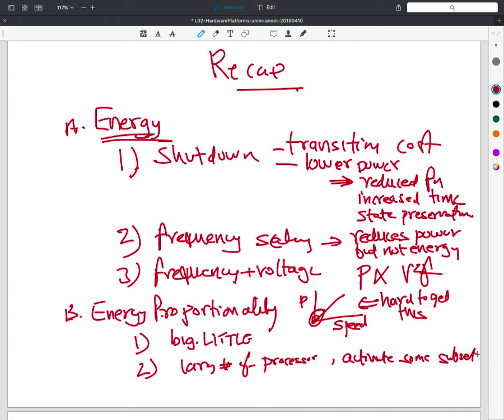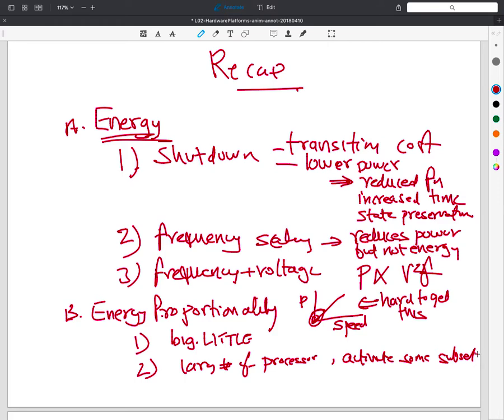Because whether it's a decision to shut down or to scale frequency or voltage, or whether to move from big to little or little to big, or how many computers should be activated, they all involve predicting the workload, because there is a cost associated with transitioning. So you are constantly in this game of, what's my policy?